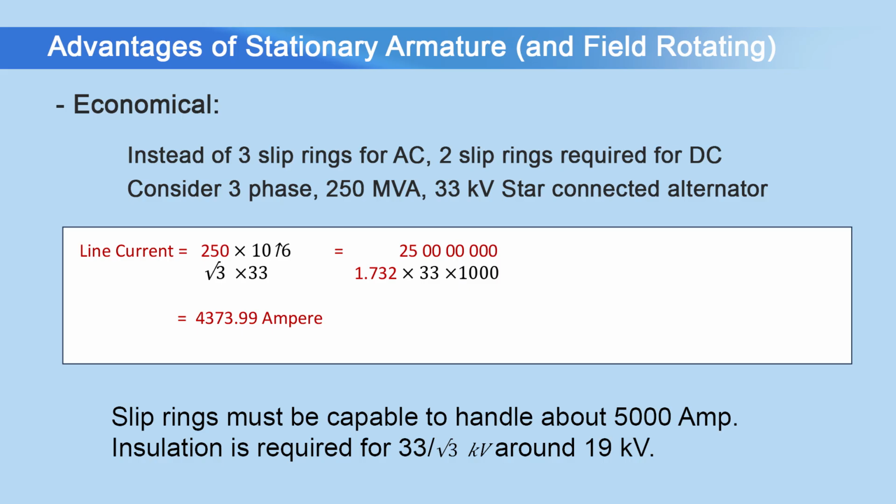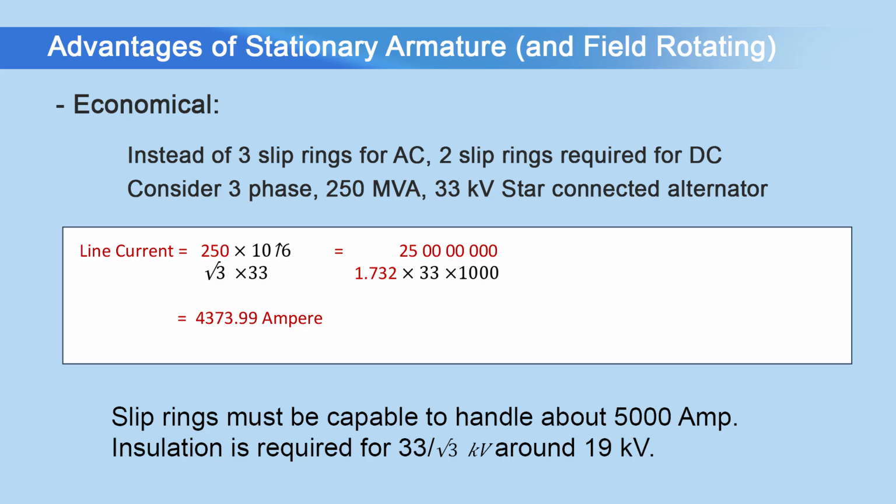So, we can easily calculate the line current for 250 MVA: 250 into 10 raised to power 6 divided by root 3 into 33 kV, that means 33000. On solving we are getting 4373.99.